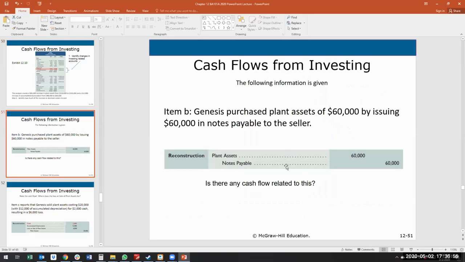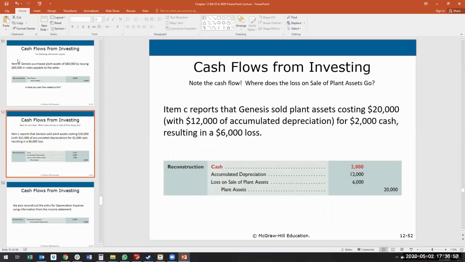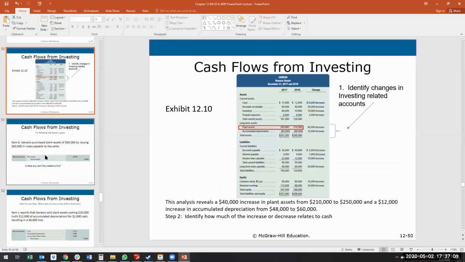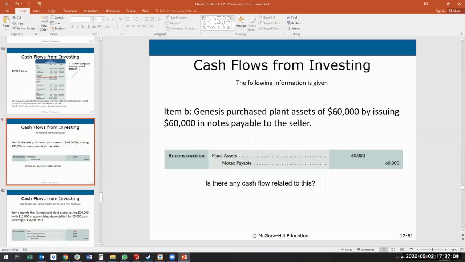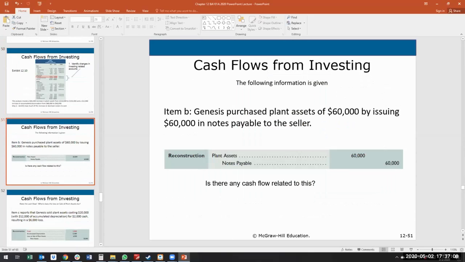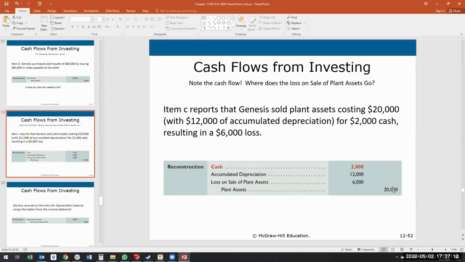Some of it could have been through notes, and then we could have sold some of the assets as well. And so we find in here that the $40,000 increase actually came from a $60,000 increase in notes payable, and then us selling $20,000 of the plant assets. And so actually none of that would be cash except for this cash receipt of the $2,000.